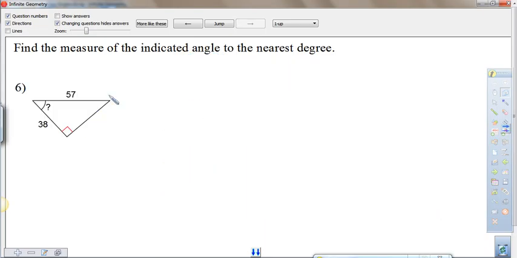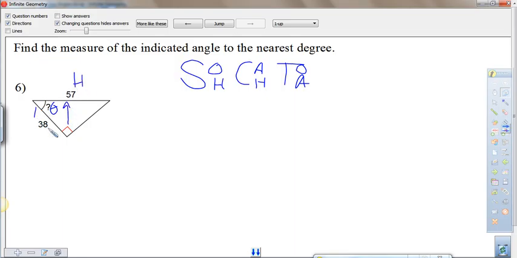Alright, last one for angles. Set it all up. SOH CAH TOA. Theta, across from the right angle is hypotenuse. In between the angles is the A, and opposite. So we've got an adjacent, we've got a hypotenuse. We don't have any information for opposite, so it cannot help us.